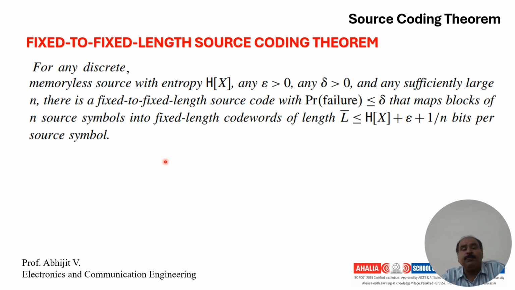There is a fixed to fixed length source code with the probability of failure less than or equal to delta that maps blocks of n source symbols into fixed length codes of length L, which is less than the entropy of the random variable X plus epsilon plus 1 by n bits per source symbol.